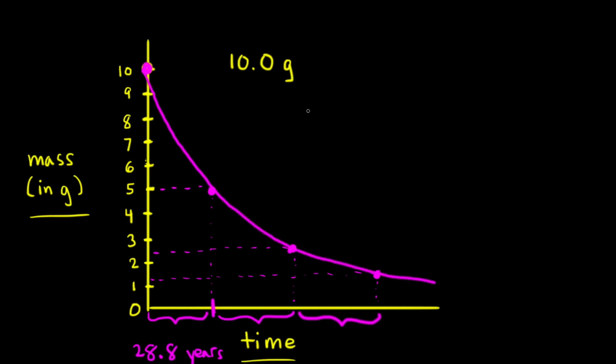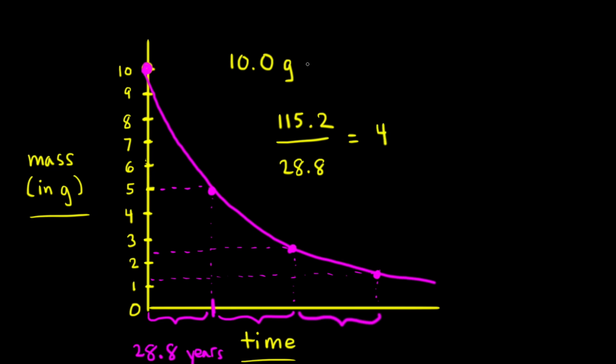Let's say we were asked to find out how much of our radioactive isotope of strontium is left after 115.2 years. What we would do is take 115.2 years and divide that by the half-life of 28.8 years. By doing that, we realize that 115.2 is really just 4 half-lives.